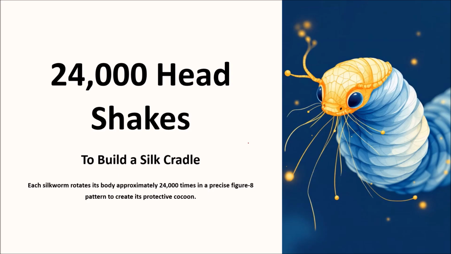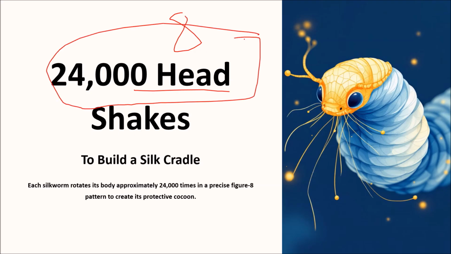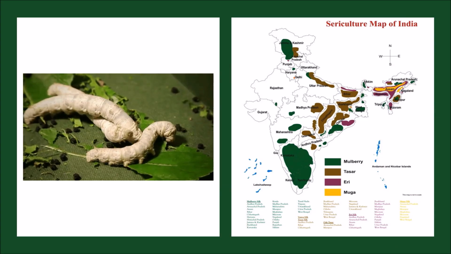There are head shakes happening in the silk cradle, wherein each silkworm will rotate its body approximately 24,000 times in the precise figure eight pattern to create a protective cocoon. So this is just a bit of it.